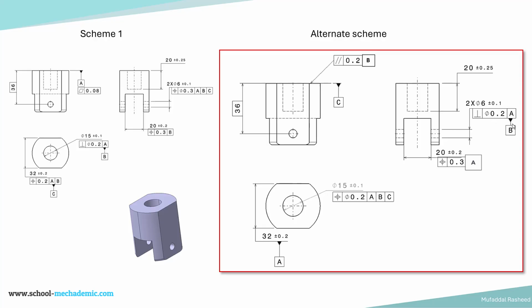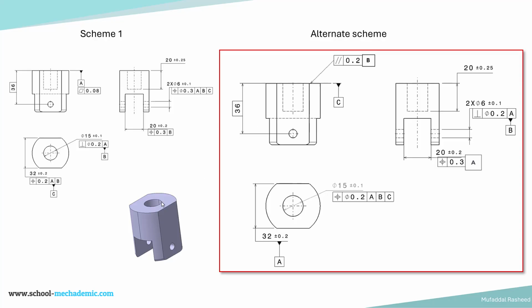Now in the first scheme, the primary datum feature was this top surface as shown over here. Here that top surface is now tertiary datum feature C, and datum feature C, that is this surface, is being controlled with respect to its parallelism.